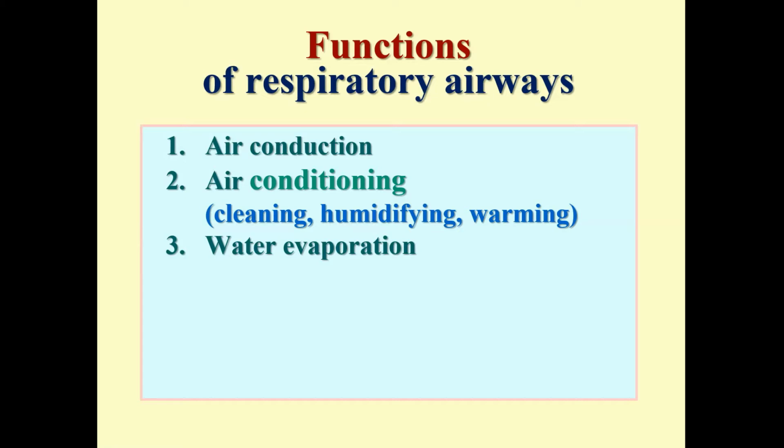And water evaporation is included into the total amount of water lost from the body. Each day we have a certain amount of water coming into the body and a certain amount of water lost from the body, and this water evaporation is included, and this is not a very little amount. It's about half of a liter daily in normal temperature, not extremely hot days. In hot days this level increases.